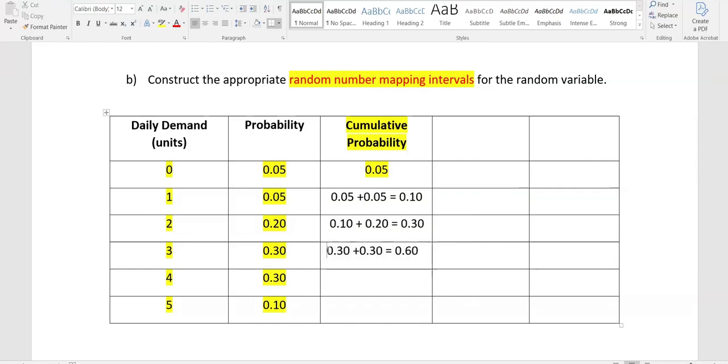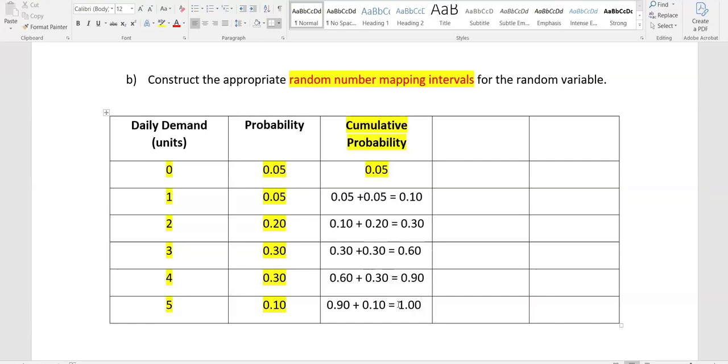Then we bring forward this 0.60 plus the 0.30 probability I'm in line with, which gives 0.90. Then what will I do with that 0.90? Bring it forward and add it to the probability of 0.1 that I'm in line with, which gives 1.